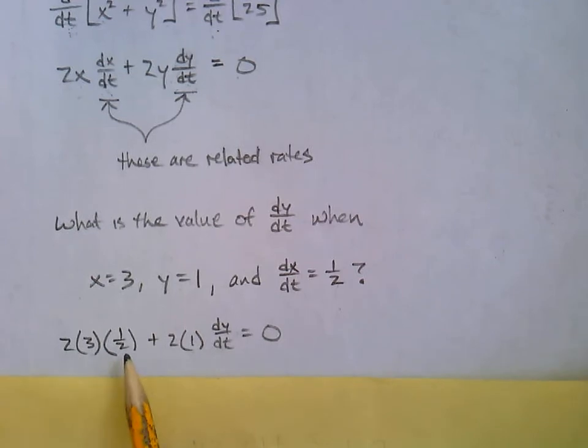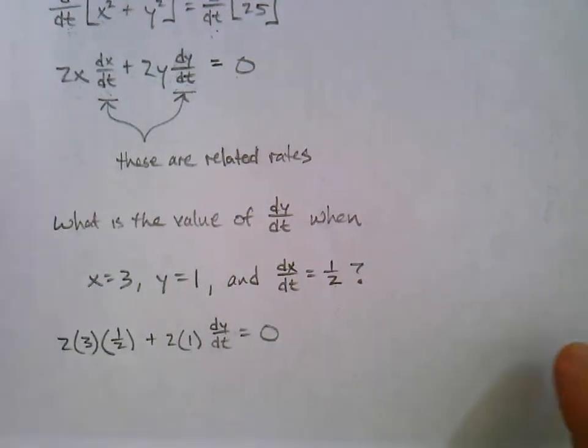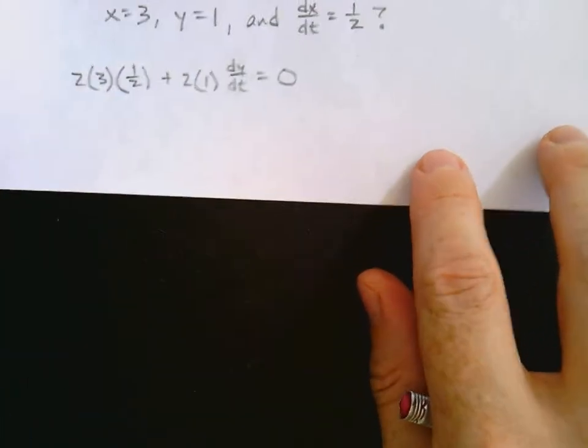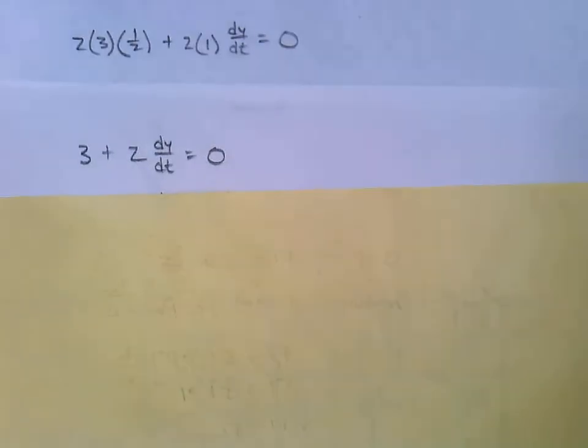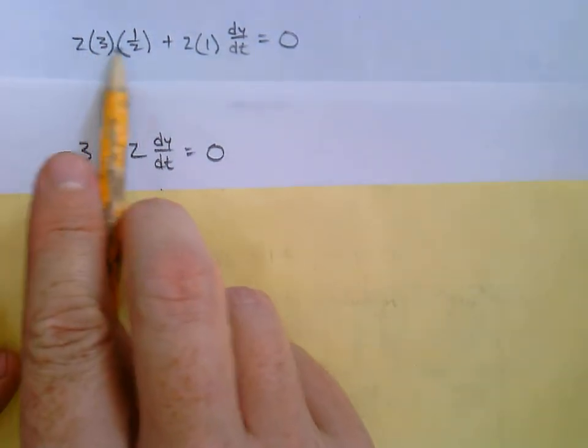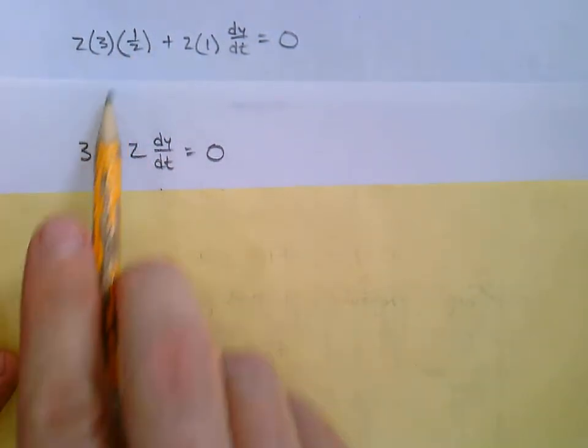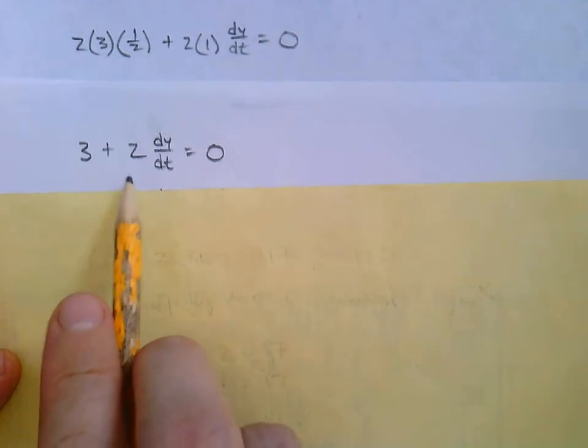Okay, no problem, right? So start with that. We can simplify a little bit. So we got 2 times 3 times 1/2. Well, the 2 and the 1/2 cancel, so we just have 3, and the 2 times 1, okay.